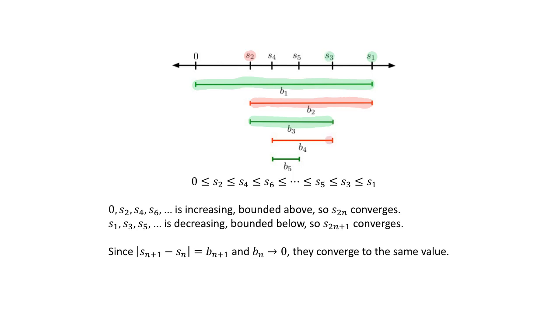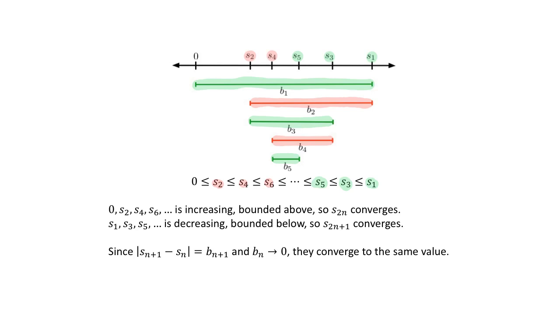And then we subtract b4. There's our fourth partial sum. And we add b5, which will give us our fifth partial sum, just to give you a sense as to what's going on. So you can see that the red ones go S2 is less than or equal to S4, which is less than or equal to S6, and so on. On the right side of things, S1 starts off at the highest, then S3 is next highest, S5, and so forth.